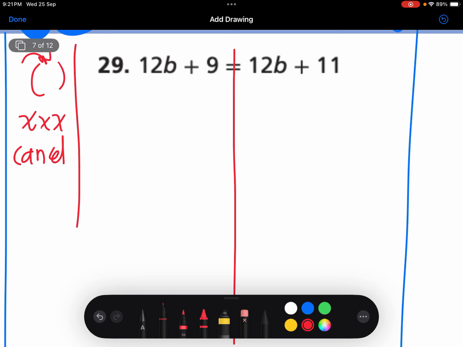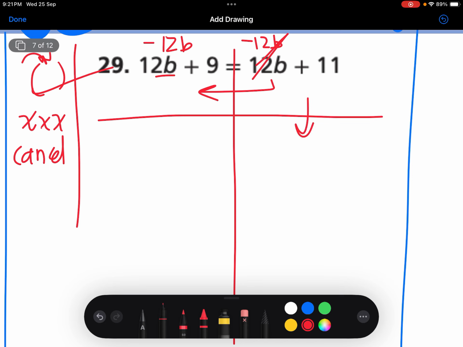Yeah, so I don't have a bracket. I'm done. Since I have variables on both sides, I need to move one of them to the other side. So just minus 12b, minus 12b, cancelled. What do I have left? Here I have 11 positive equals 12b minus 12b plus 9.